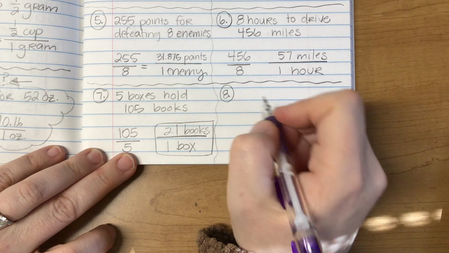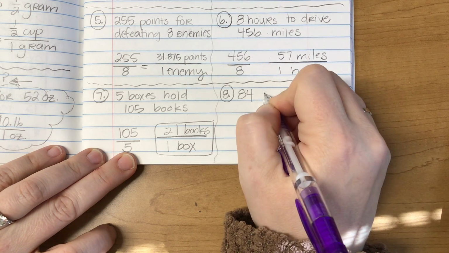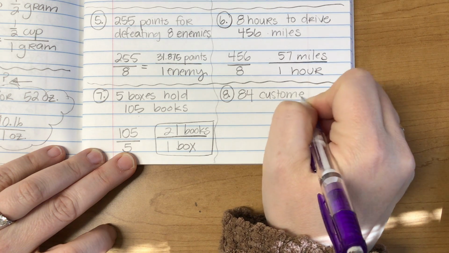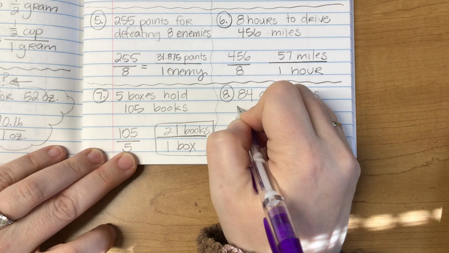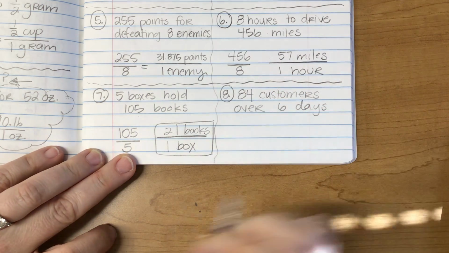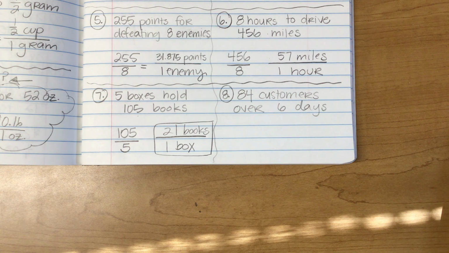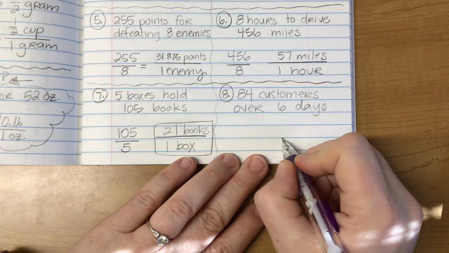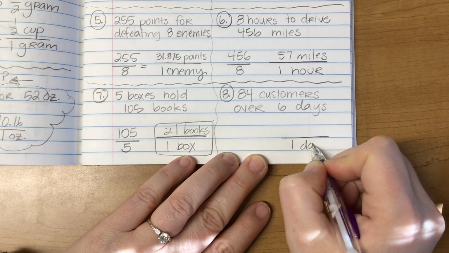Last one. 84 customers over 6 days. 84 customers over 6 days. How many customers in 1 day?